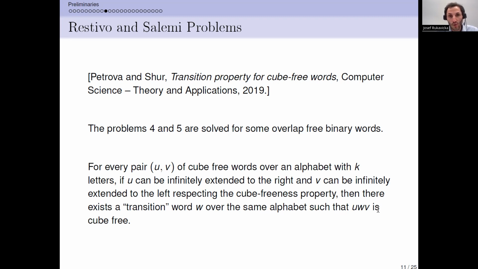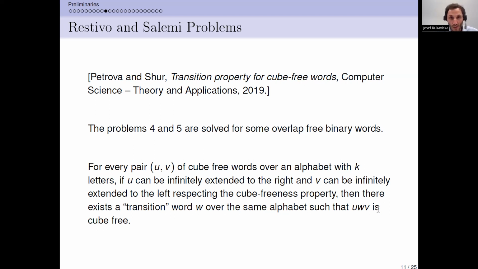It is not solved. So you can ask how can we recognize that the word U can be infinitely extended? For this question, we have no answer. But on the supposition the word U can be infinitely extended, it has been proved that there is a transition word W. So this is the result from 2019.